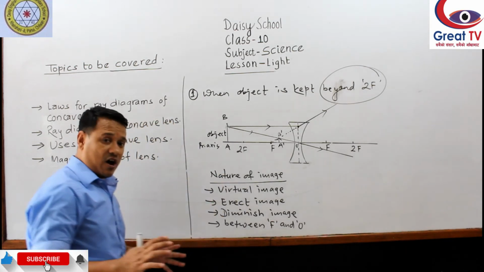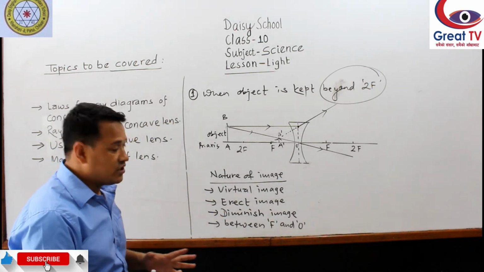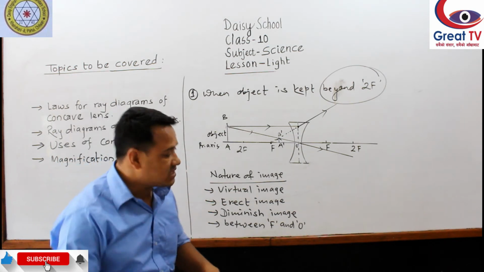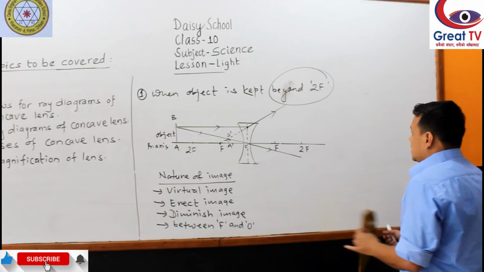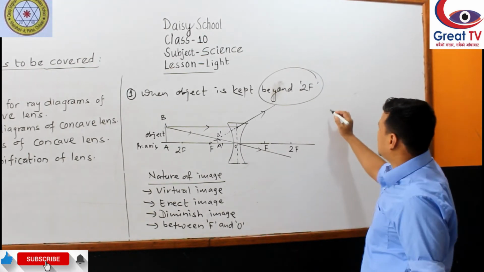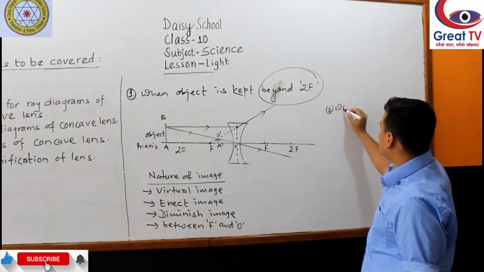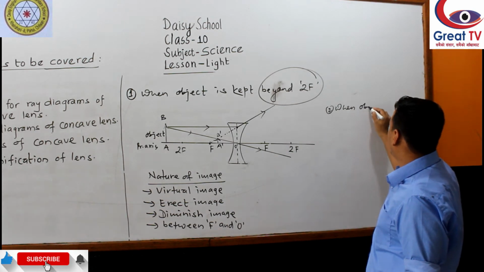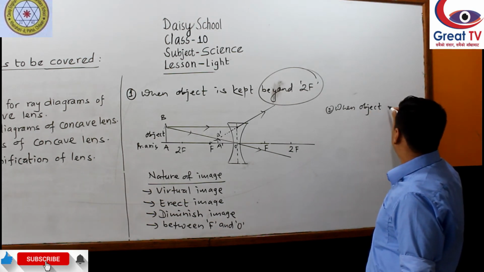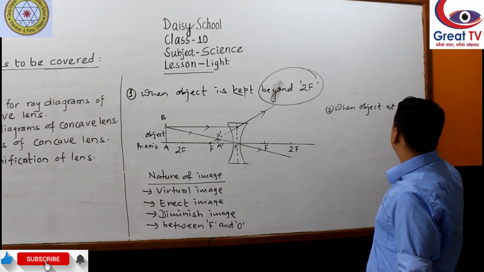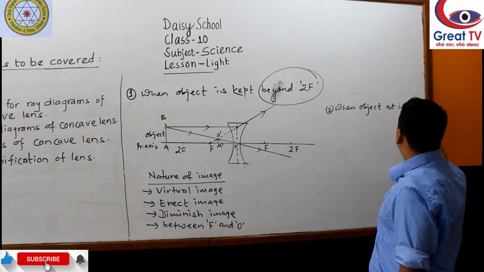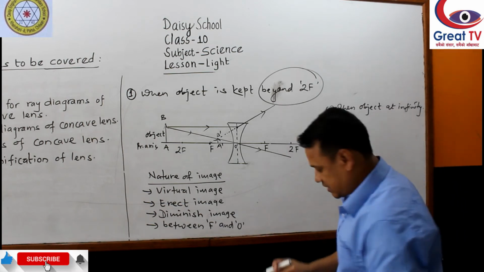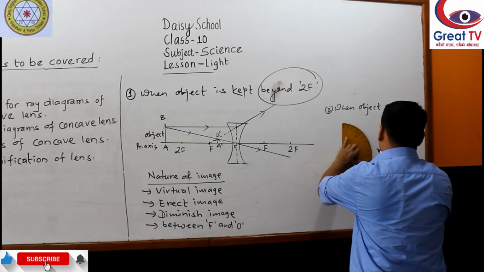Another one: when the object is at infinity. Let's draw. When the object is at infinity, what will happen? So second case, when the object is at infinity. So let's draw a concave lens.